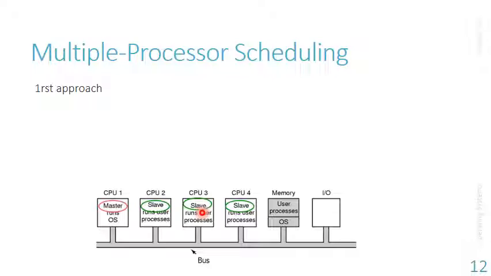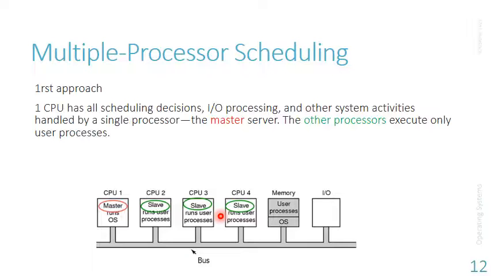This is what we call the master-slave approach, where you have one master that dictates, in one way or another, the things that need to be done on the other cores. Fair enough? The beauty of that is we don't have to synchronize too much, because it's a one-way ticket. It's a directive.